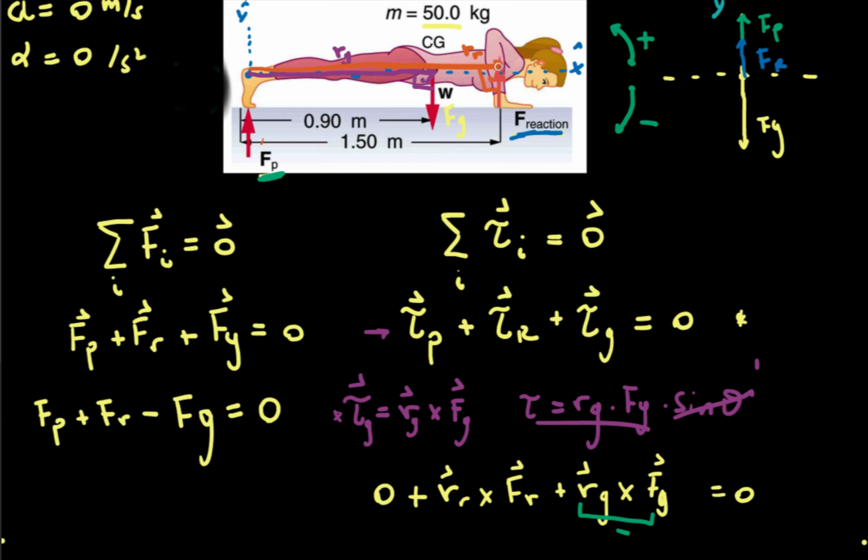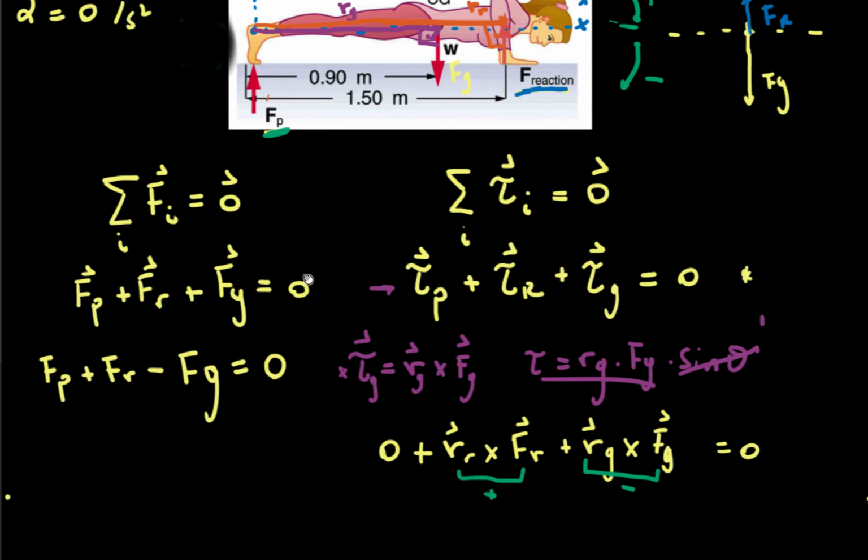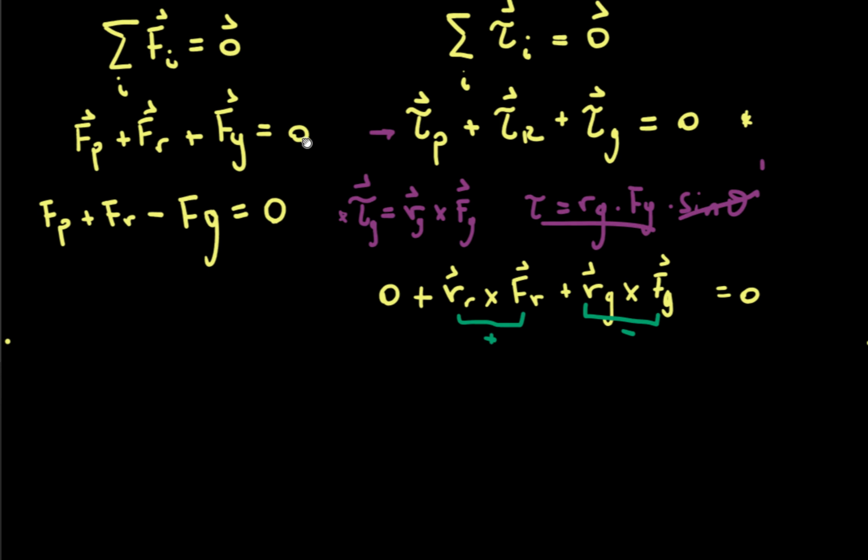And if you look at the reaction, this one is trying to push the person to rotate this way, which is positive, meaning that this is positive. All right, so far so good. I think we got everything from the image to be able to solve this problem. So we are faced with this system of equations, meaning that, let me finalize the torque calculation here.